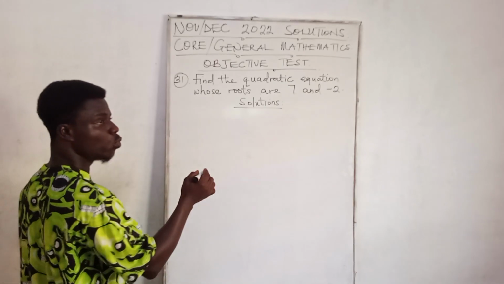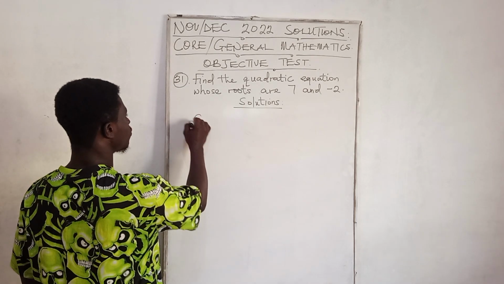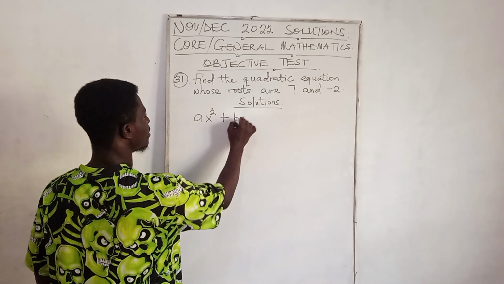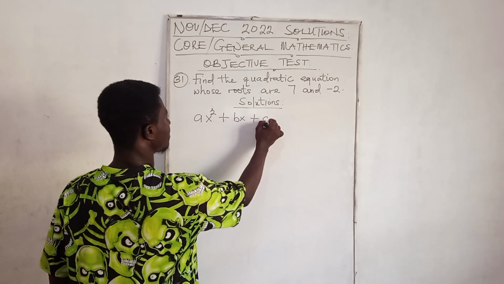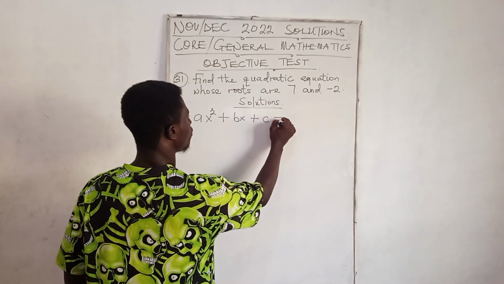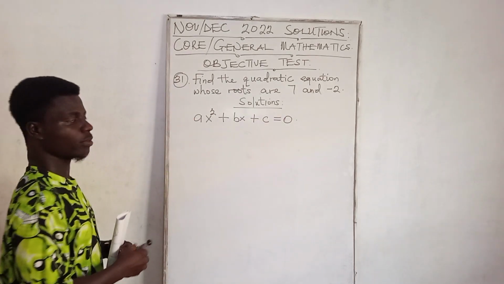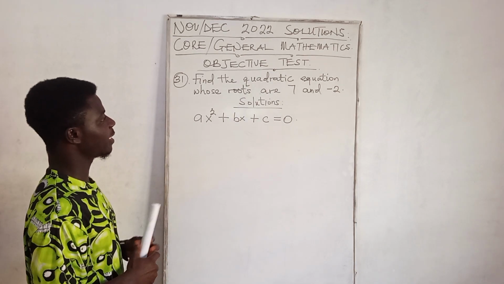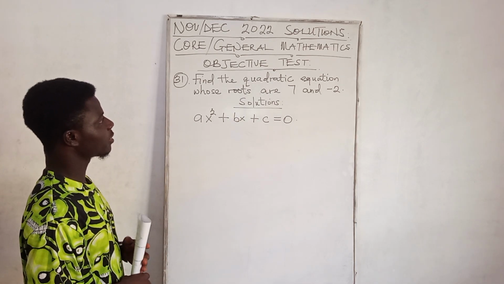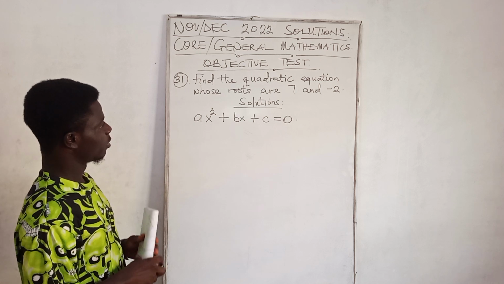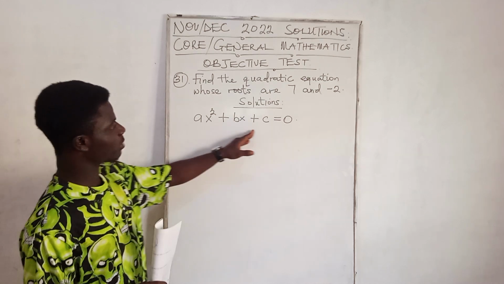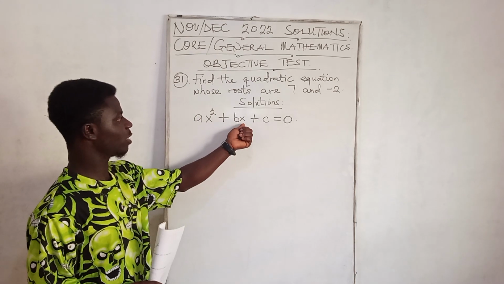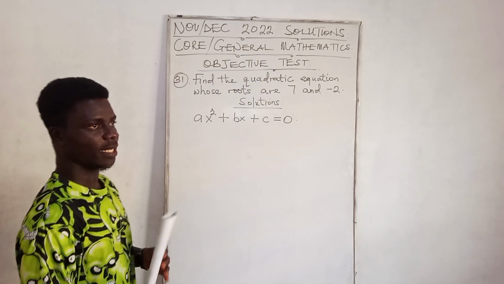We know that a quadratic equation is expressed in the form ax squared plus bx plus c. Because it's an equation, we equate that to 0. So we have ax squared plus bx plus c equals 0. The coefficient of x squared is a, the coefficient of x is b, then c is our constant, right?